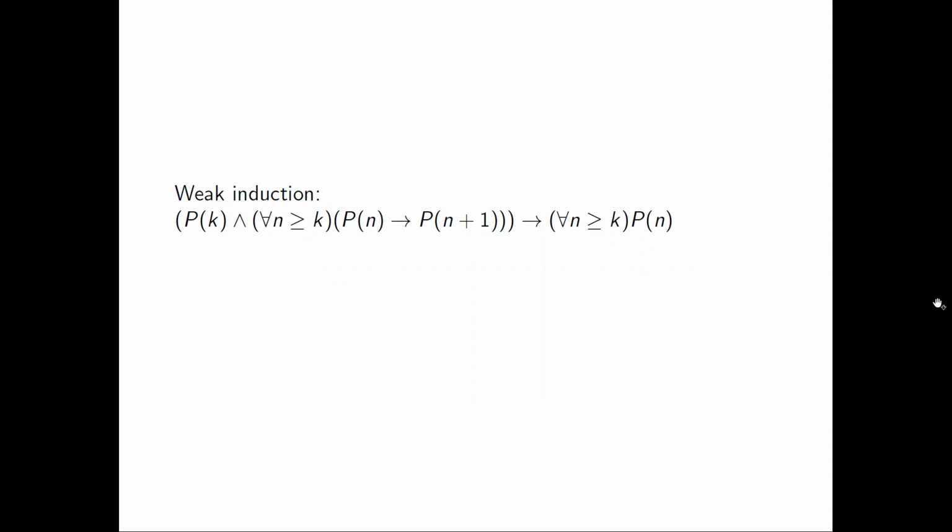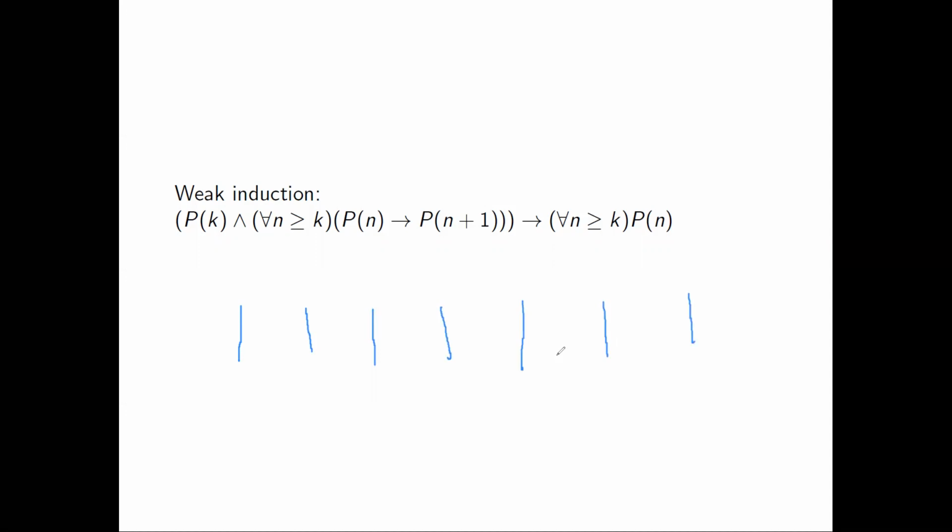All that axiom will say is that if P of k is true, and if for all natural numbers n greater than or equal to k, we have P of n implies P of n plus 1, then we can conclude that for all n greater than or equal to k, we have P of n. So this axiom here is pretty much the same idea with the dominoes. We have a bunch of dominoes here.